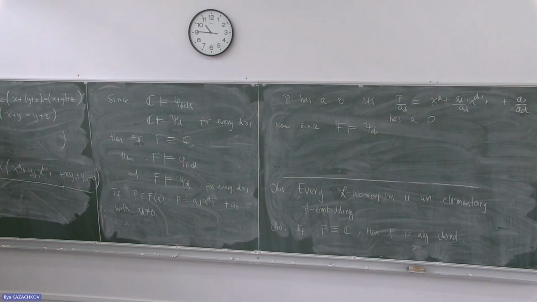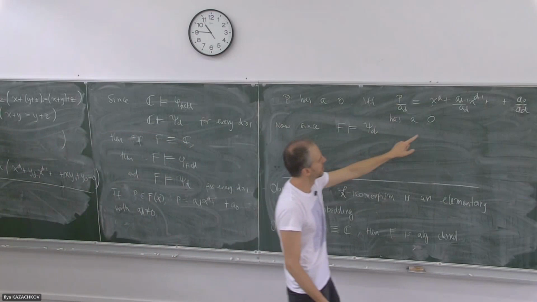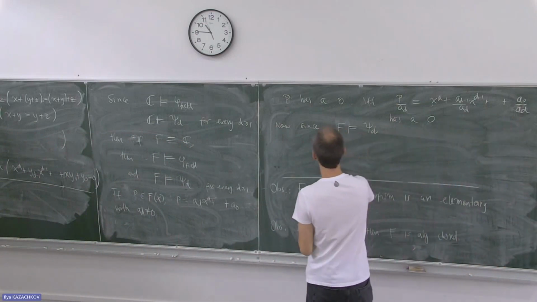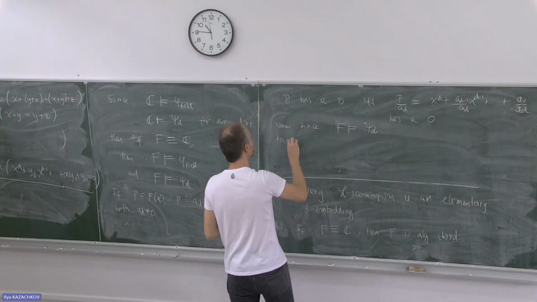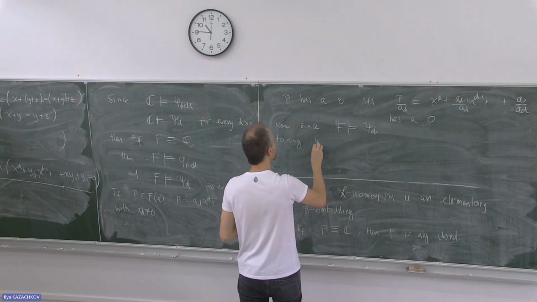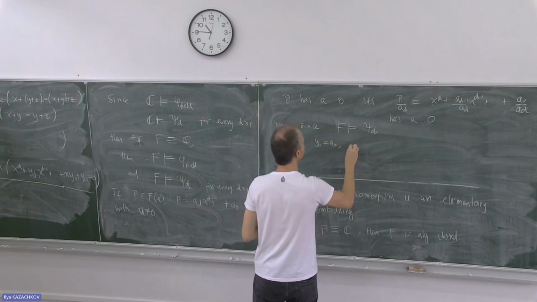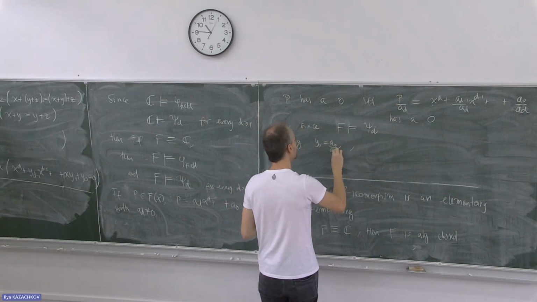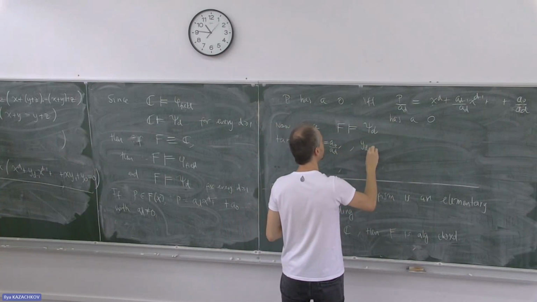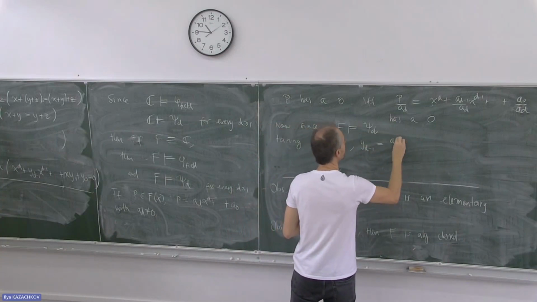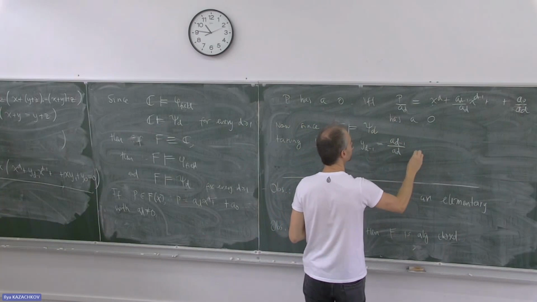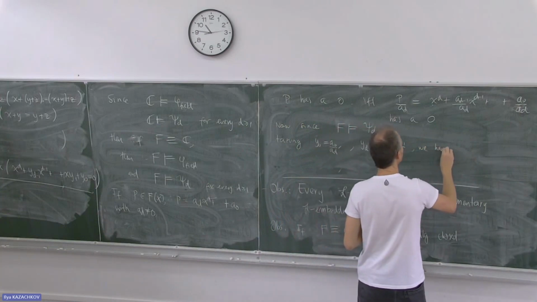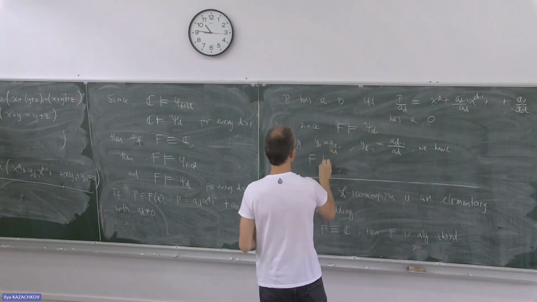In particular, since this holds for every y0 up to yd minus 1, I can take y0, yd minus 1 to be precisely these coefficients. Taking y0 to be a0 divided by ad, and yd minus 1 to be ad minus 1 divided by ad, we have that F satisfies precisely this formula.